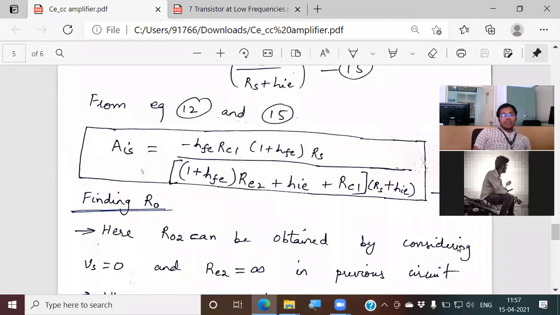Now we just need to substitute the values. Just substituting the values, what will you get? Anybody who wants to see the values once again, please tell. I hope you have noted. So just substitute.